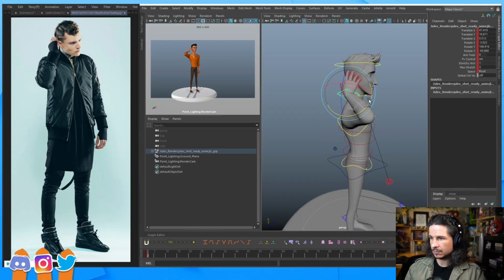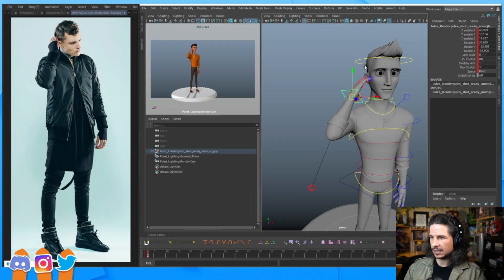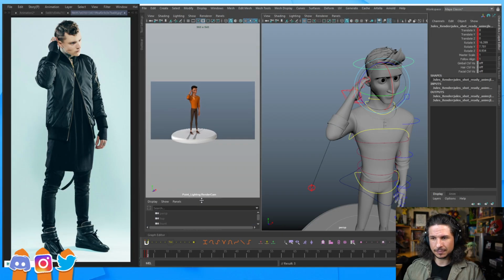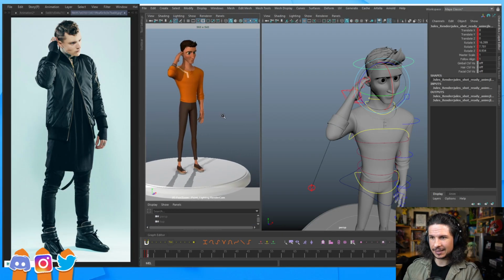Okay. And then we get the angle of the head. Okay. That's it. I could call this done. Now, is that a good pose? Not really. There's a lot of things wrong with that.